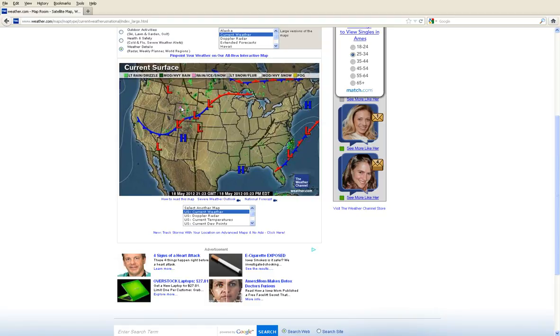Now, if you look at this particular map, most of the precipitation is located near a front or near a trough of lower pressure. If you look at high pressure, looking at these three areas of high pressure, you don't see any precipitation within several hundred miles.